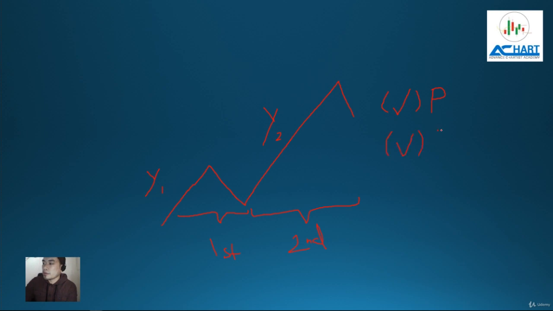So in this condition, it satisfies both of our analyses, and after the second retracement, we can conclude that it has a high chance that it will go up, at least more than the previous high. This is the first scenario.